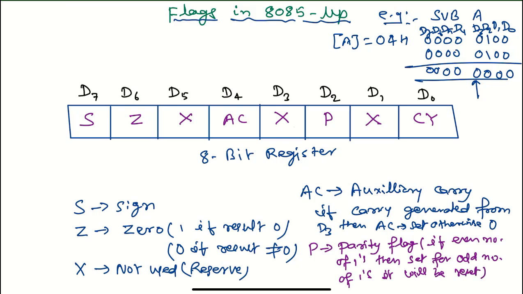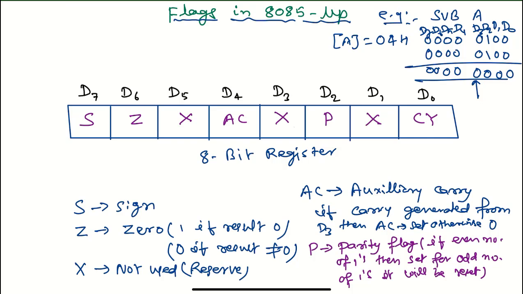It's very simple: whatever operation we perform, whether arithmetic or logical, if there is an even number of ones in the result, then this parity bit will be set, and if it is not even, it will be odd. If there are an odd number of ones, then this parity bit will be reset.